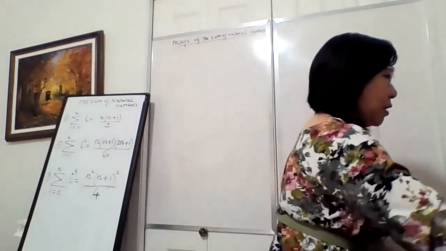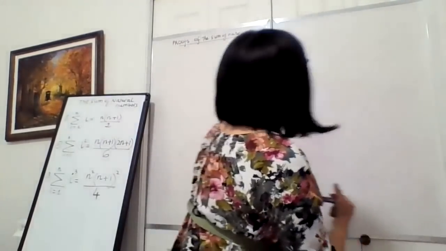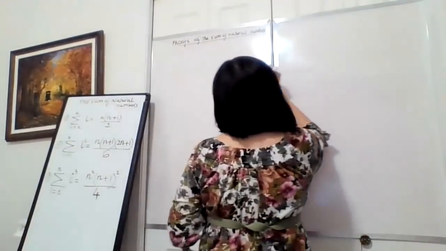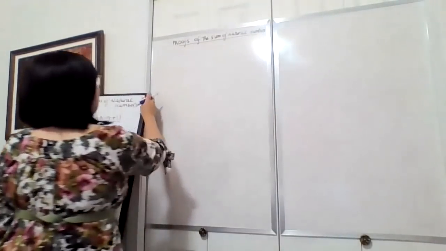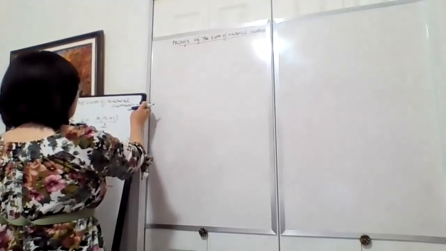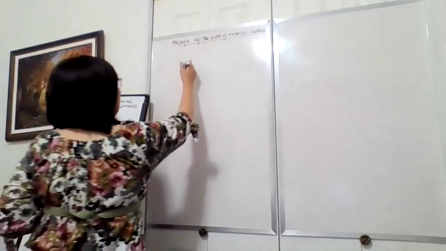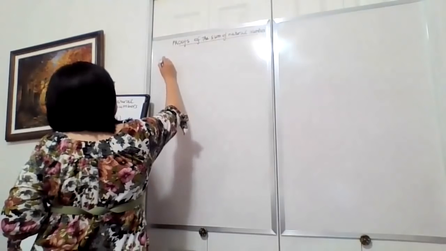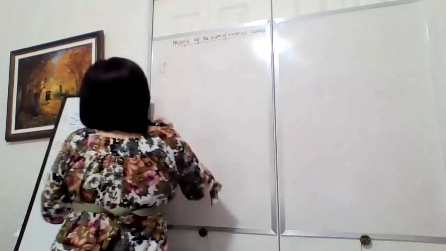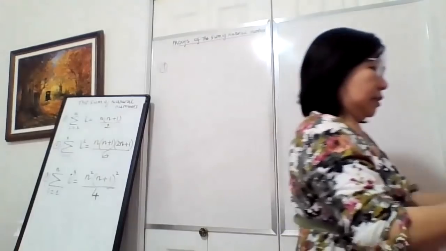For the first one, let's say we have to add all the terms of the natural numbers. I'm going to call this number 1, and I'm going to work through it.